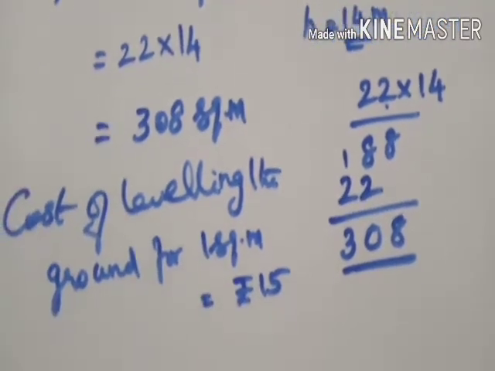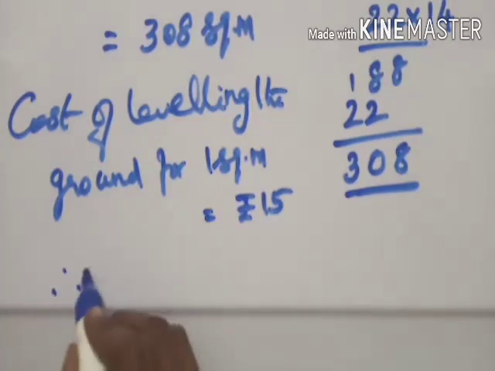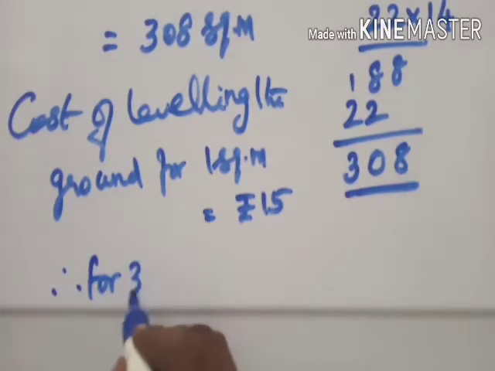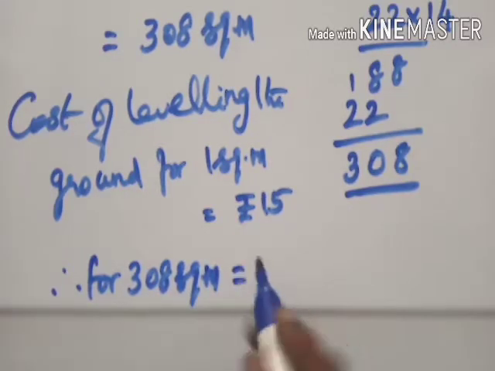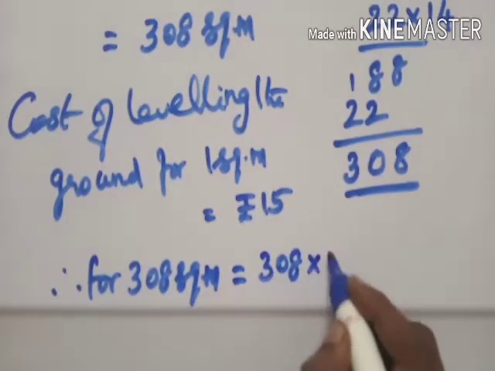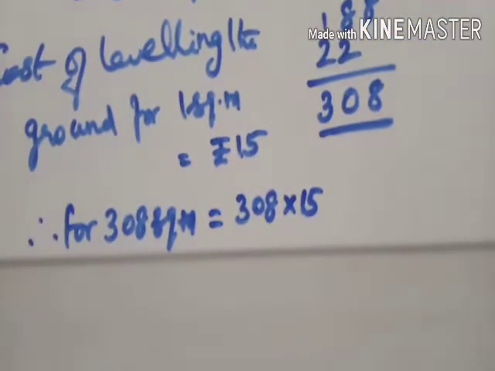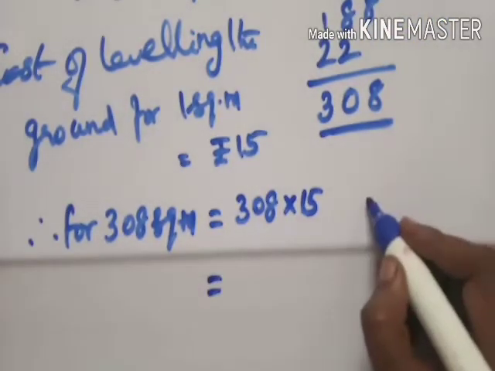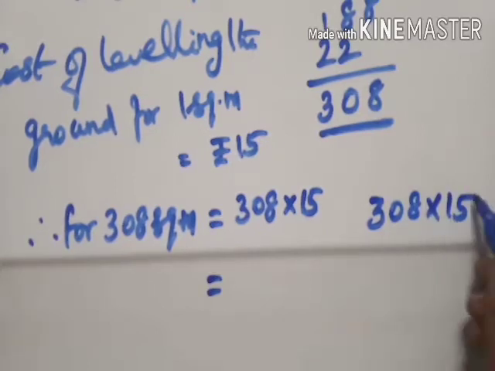So here we have to find it for 308 square meter. So 308 into 15. Right?